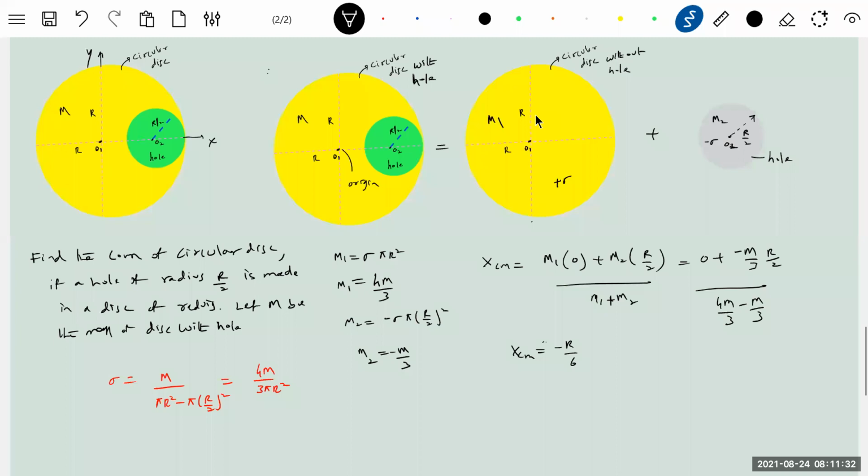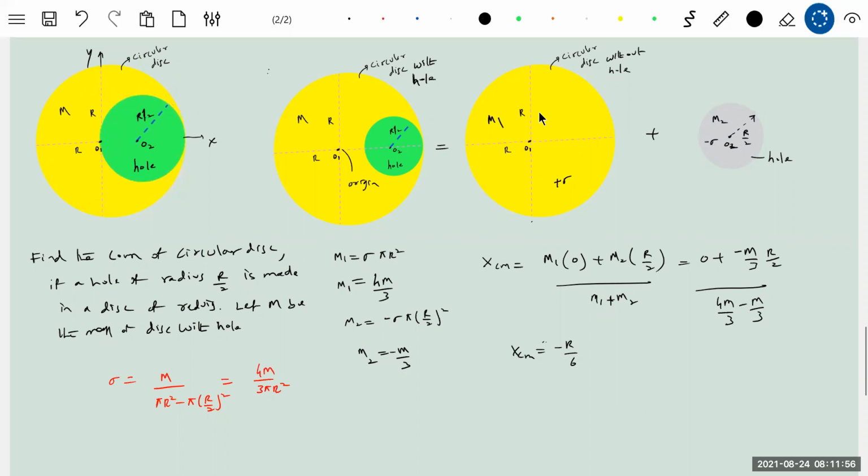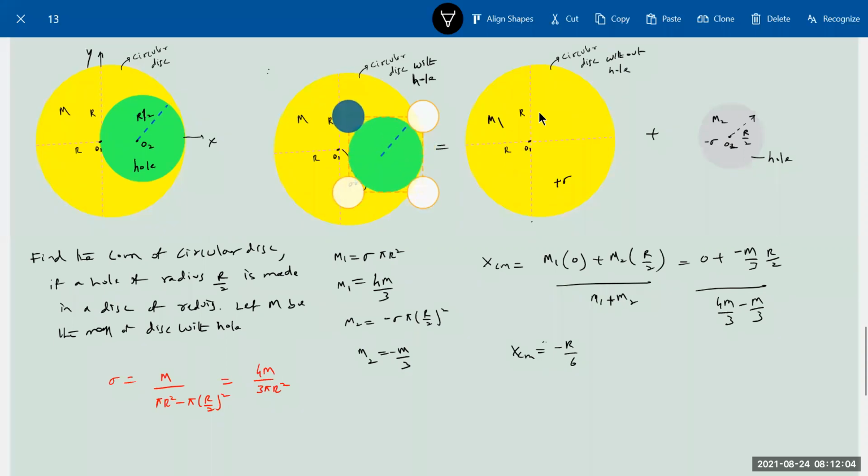So where must the center of mass of this system be? It must be on the left side of the origin. Some size I should increase. Okay, fine. I can't write all the things. Let me try to make it visible properly.